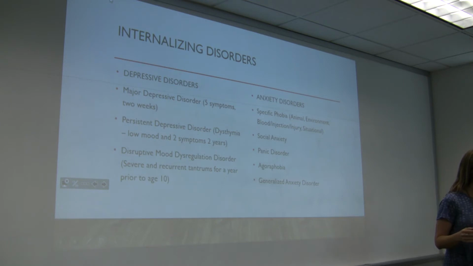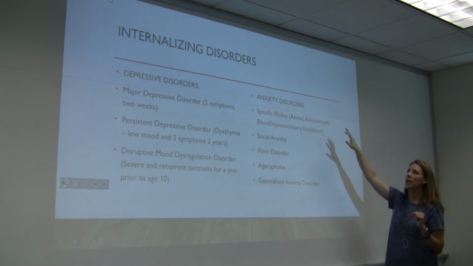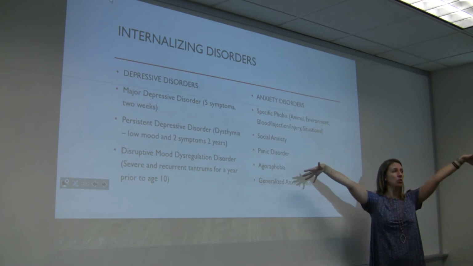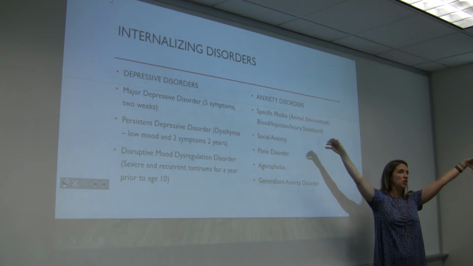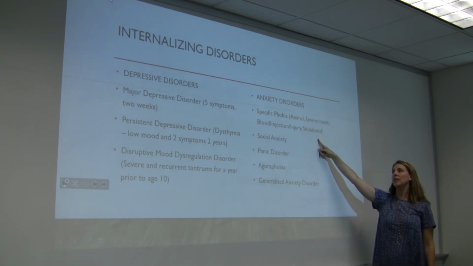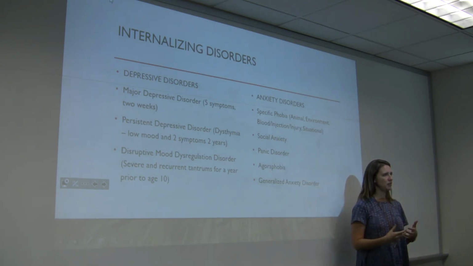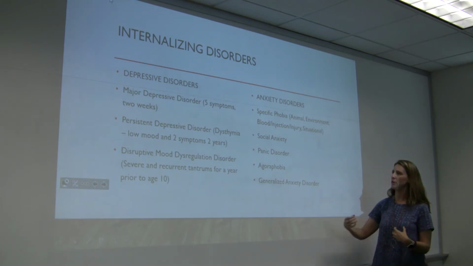Okay. We've also got for our internalizing disorders, the anxiety disorders, right? And so know that the anxiety disorders shake out into a lot of different areas. An anxiety disorder can look like a specific phobia. It can look like social anxiety, which is that fear of being judged by other people, a very fight or flight response to disapproval or the perception of disapproval from other people.